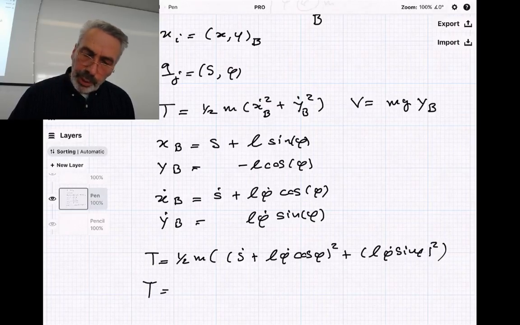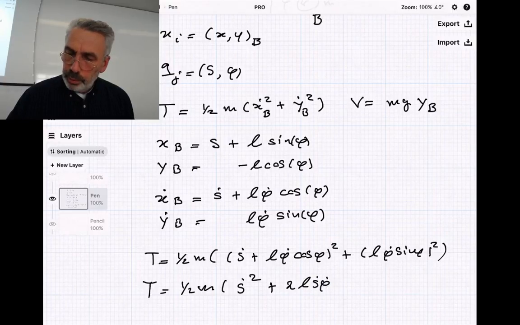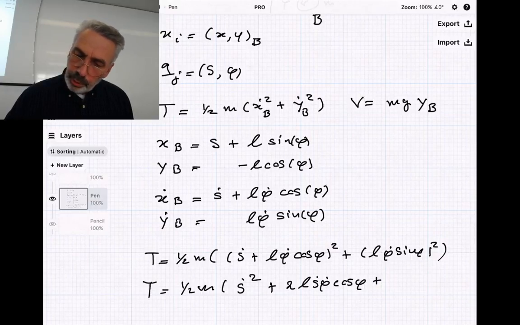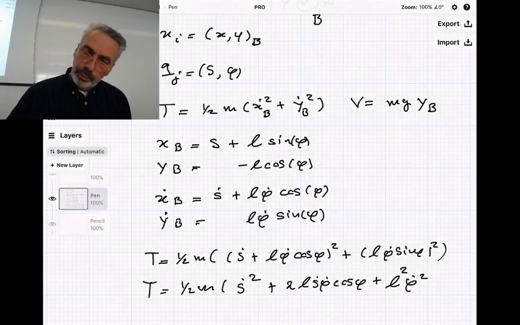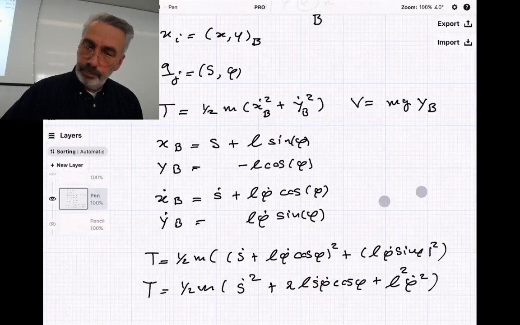And we can expand that, of course. We get s dot squared plus 2L s dot phi dot cosine phi plus L squared phi dot squared. Something like that. Agree?